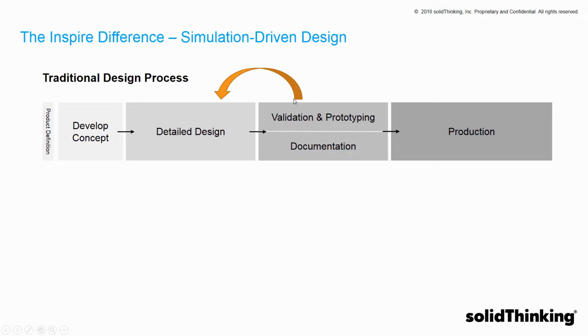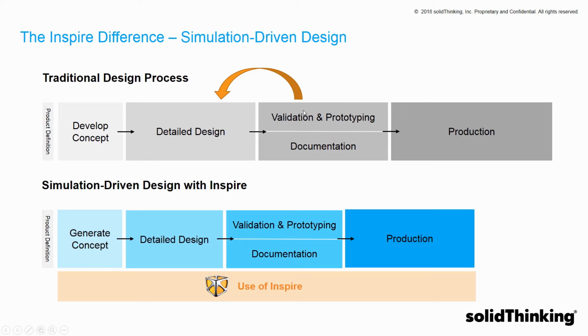During this process, a lot of problems will be identified, and then the design has to be modified, and there are multiple iterations in this cycle, which takes a lot of time and money. With Inspire, engineers can come up with a good concept at the very beginning, so it can save a lot of time in between the detailed design and the validation process.